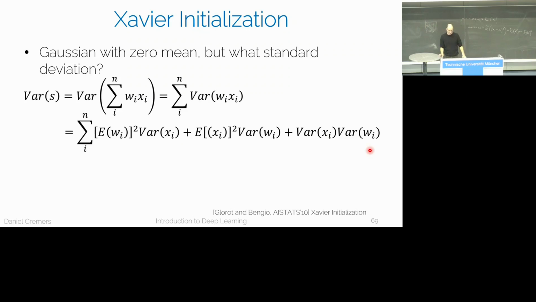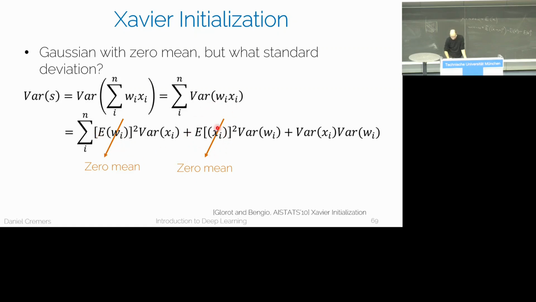I'm not going to do the calculation, but essentially you just use these definitions of mean and variance, plug them in here, and then use the assumption of x and w being independent. W are the weights of the layer, and X is the input coming in, so you can assume them to be independent. Since we initialize the weights with 0 mean, the expectation value of W is 0.